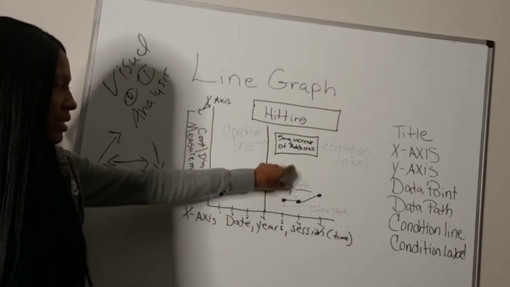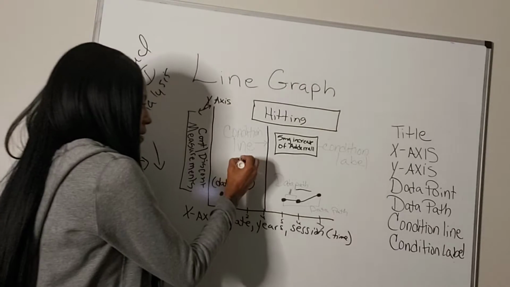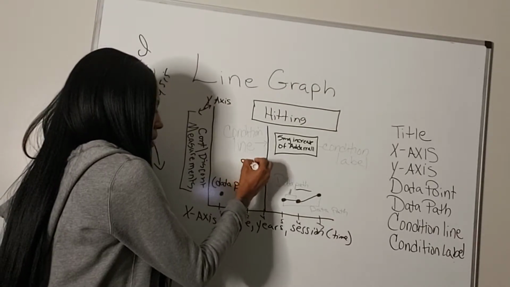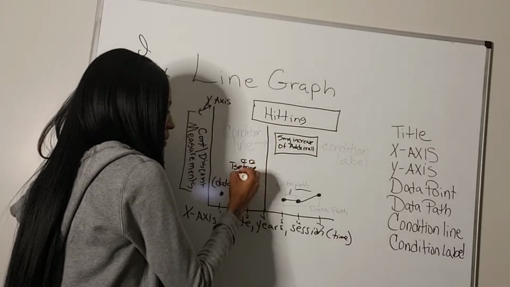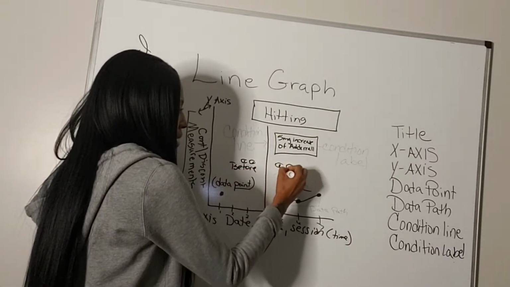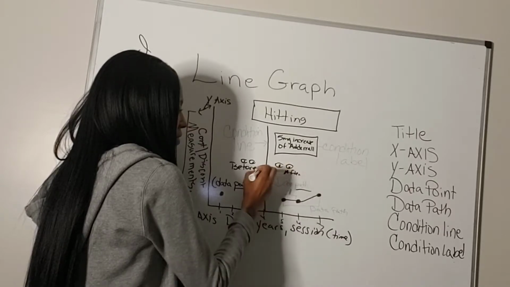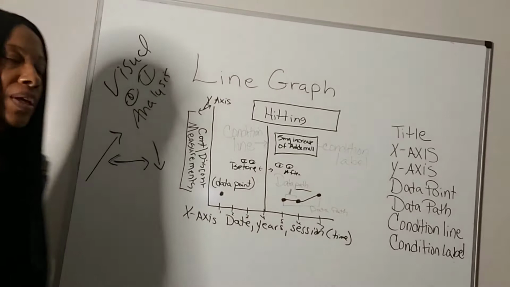It's important that we know what this is because for the condition line, you're going to look at what happens before this line with the data points, and you're going to look at what happens after the line. Before the line and after the line, you're looking at the points.